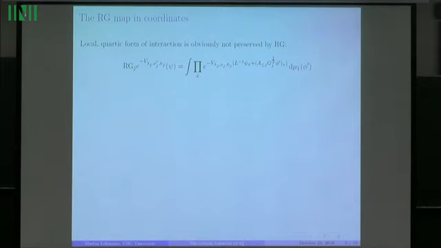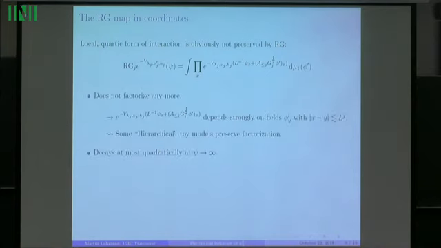Okay, so what about this RG map, this RG transformation? What does it do if I start applying it to the original problem I had, which was defined in terms of these quartic local interactions? Well, if you apply it to one quartic local interaction, you will not get anything out that looks of the same form as before. There are two problems. First of all, quartic local.